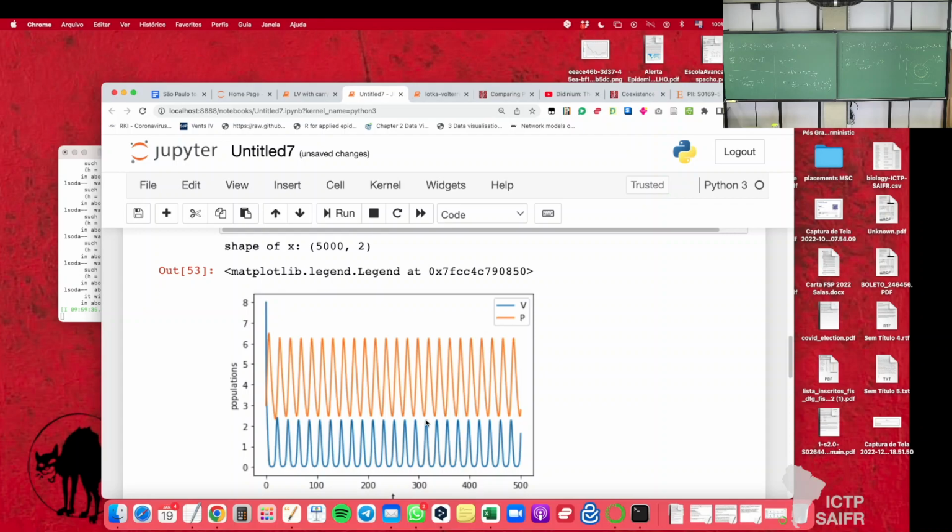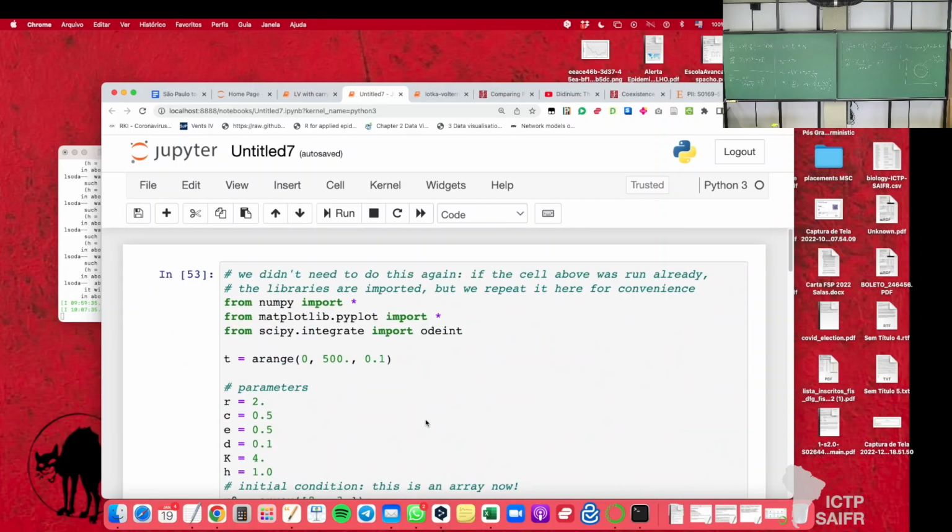If k is small, with these parameters here, there's a certain point where you have oscillations, and below, for a smaller value of k, you get fixed points. Therefore, the qualitative behavior depends on the value of k. There is a certain value of k which we could try to more or less calculate here. I mean, not calculate, try to infer here.